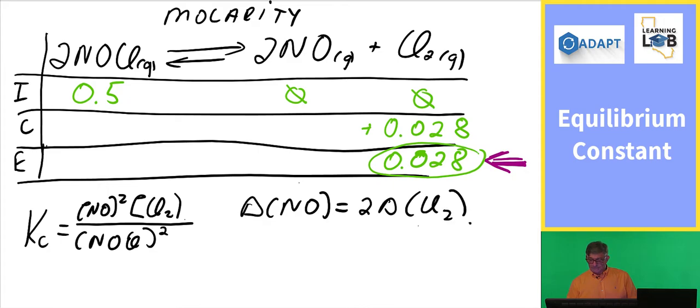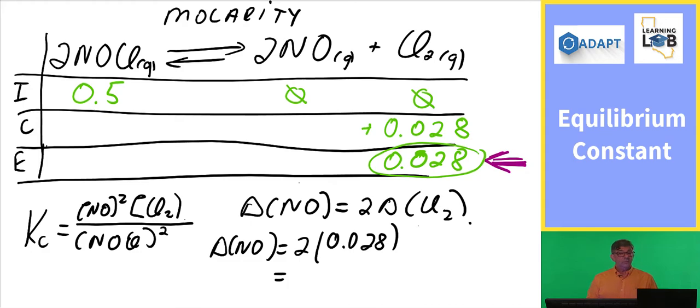So therefore, what is the change in concentration of NO? It'll equal 2 times the 0.028. And so its change in concentration equals 0.056, and that would be molar.